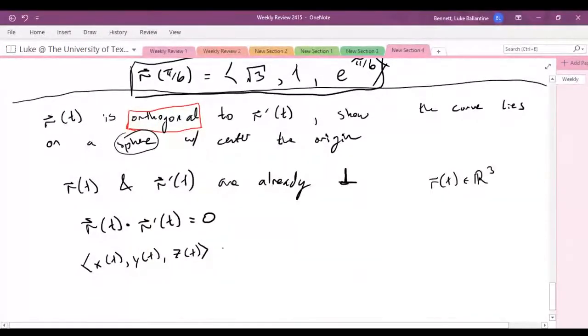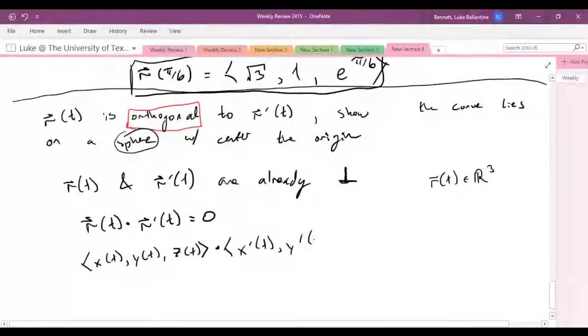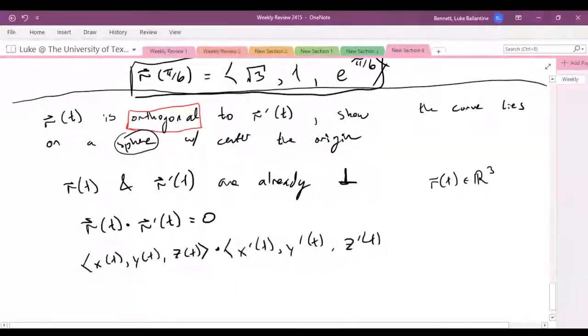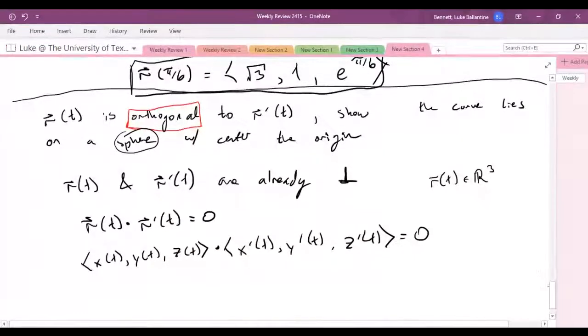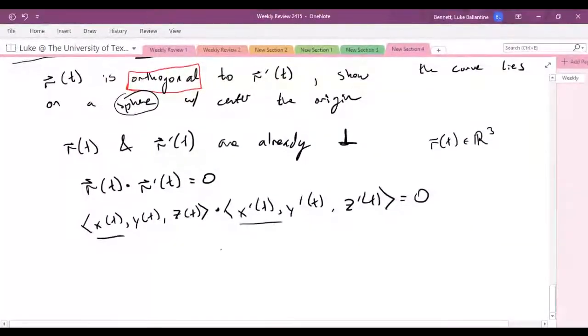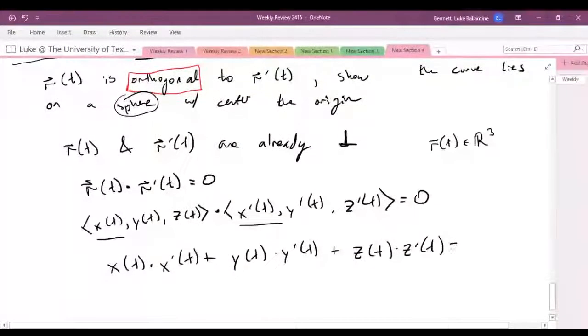And we're taking the dot product with x prime of t, y prime of t, and z prime of t equals 0. Just do the dot product, do the operation. So we have x of t times x prime of t, plus y of t times y prime of t, plus z of t times z prime of t, still equals 0.